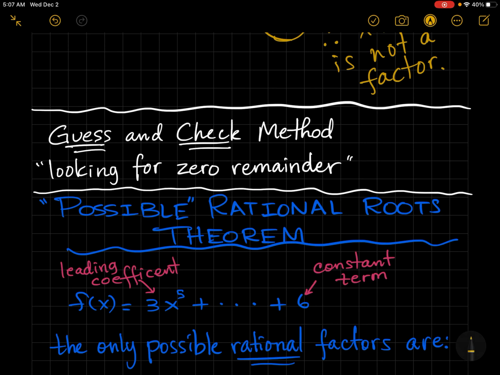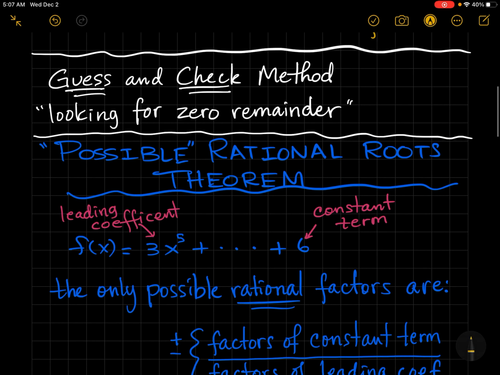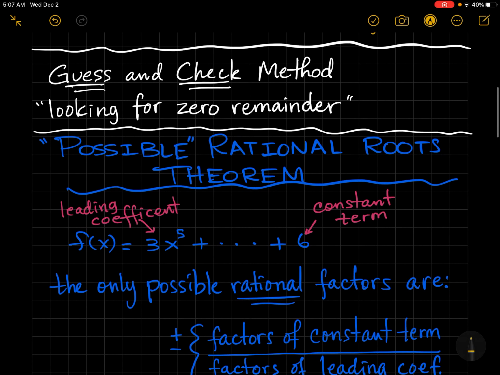Because there are infinitely many numbers in the world, and they could be real, imaginary, irrational, and everything. But here's one way to narrow down the selection choice, and it's called the rational roots theorem.